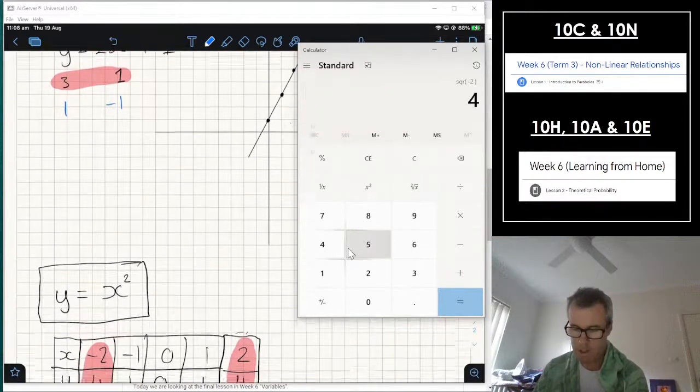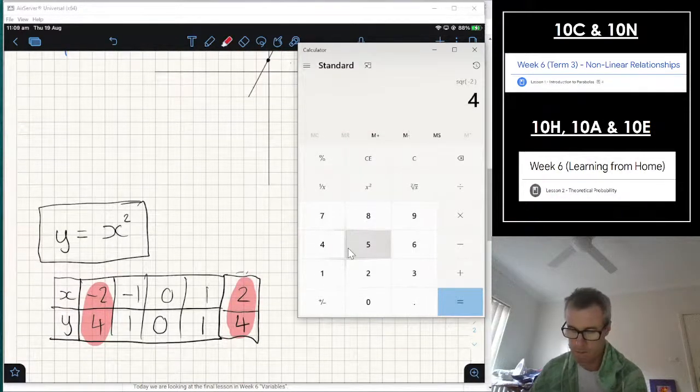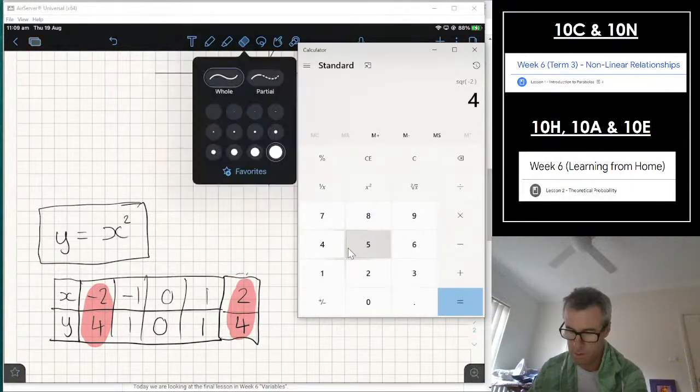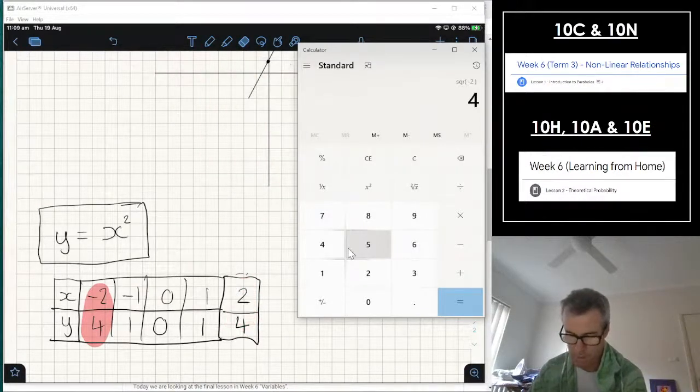Where the opposite is true here. When we have 1 here, y is 1. When we have -1 here, y is 1. And we just kind of proved it mathematically, right? We went ahead and proved it.